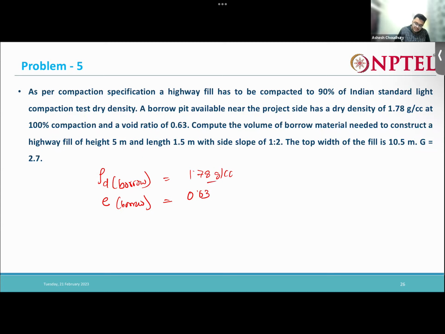So this is my maximum dry density of the borrow pit. What is given is that this dry density is actually what we obtained.